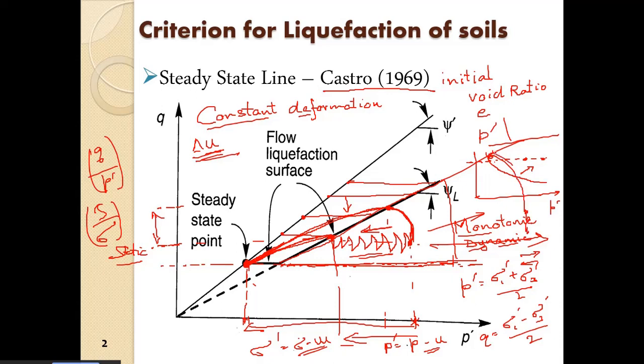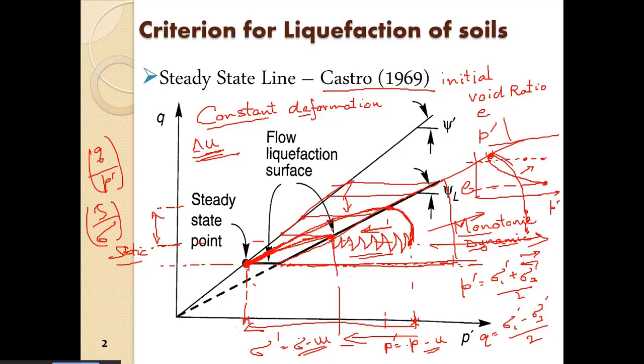All right, so if the confining stress is very high, the chances of liquefaction reduce. And of course, obviously, if the void ratio of the soil is also very high, then also the chances of liquefaction are reduced, because here is the steady state now. For this void ratio, it will go up, right?